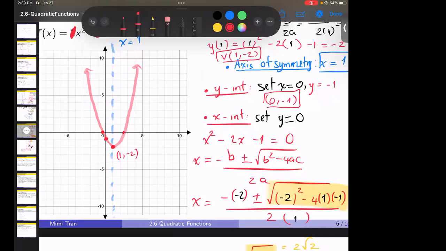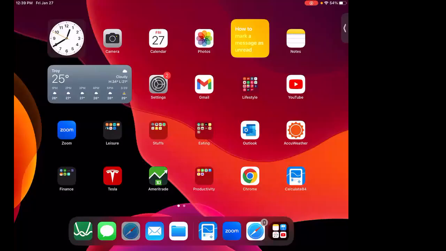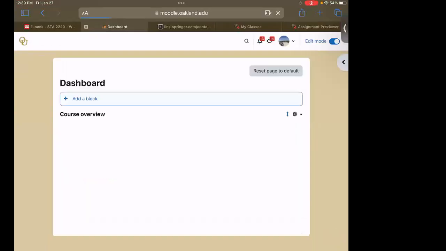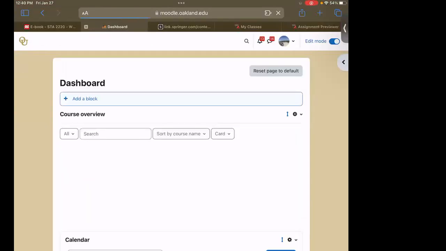Go to your extra credit. The problem inside the question. So Zoomers, if you go to Moodle and go to extra credit for today, 2.6 extra credit number 1, January 27th.